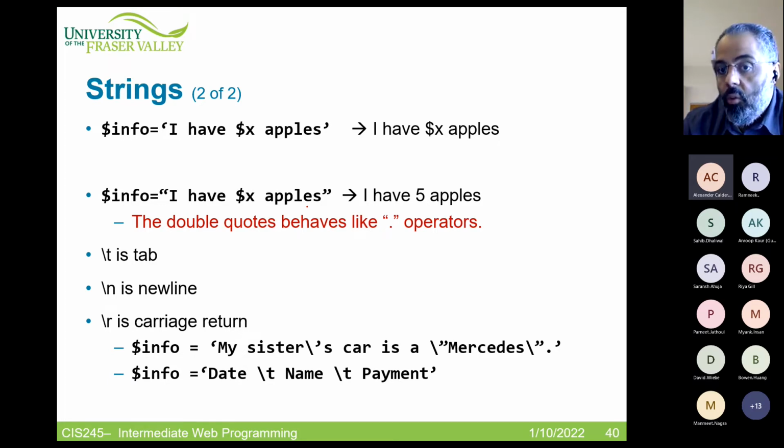So double quotes will deal with it as a variable or a parameter. There is a \n if you want to print a new line. There is a \t if you want to make a new tab in this case.